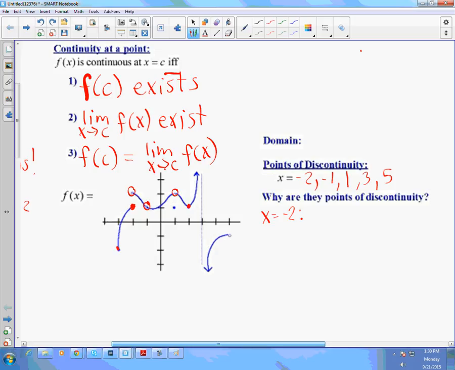No, from the left we're approaching 1, from the right we're approaching 2. So that's what it fails. So the limit as x approaches -2 of f(x) does not exist. Okay?